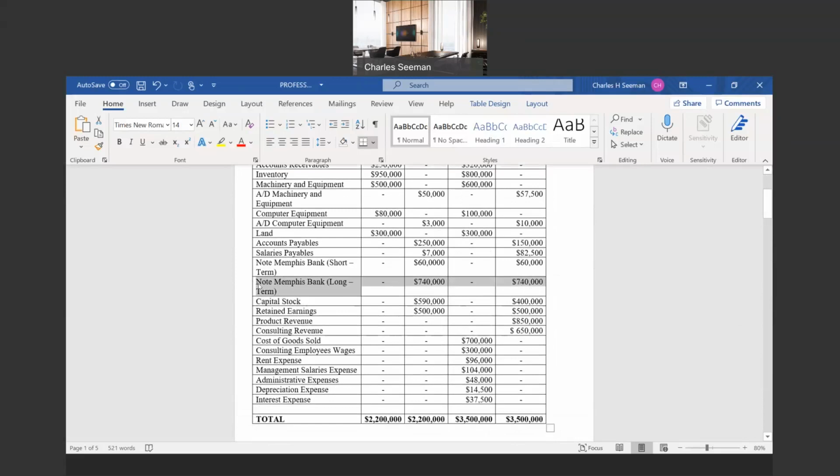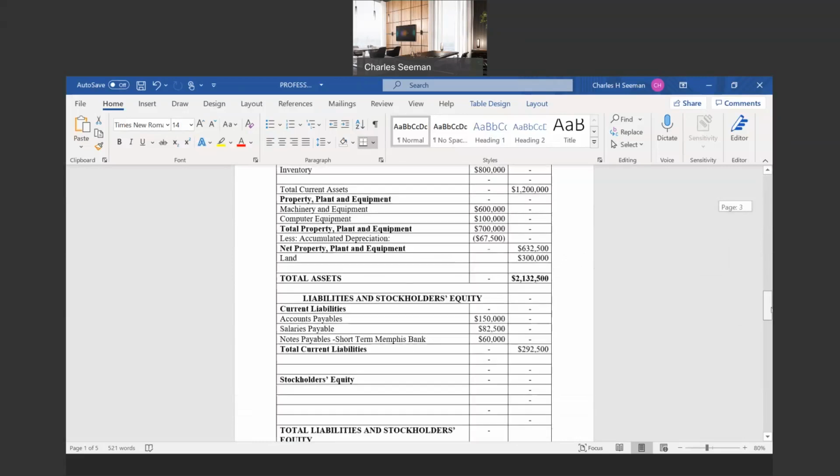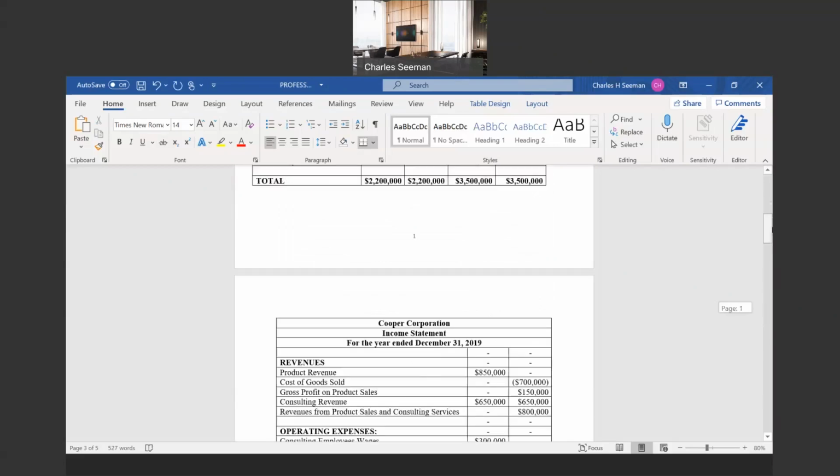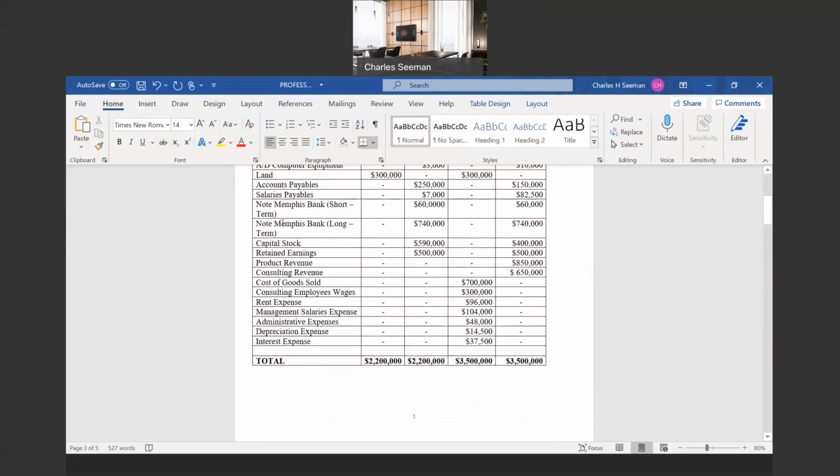So this portion would be a long-term portion, the portion that extends out greater than 1 year. So I'm simply going to take this amount.